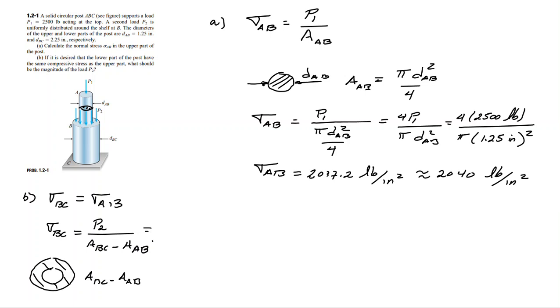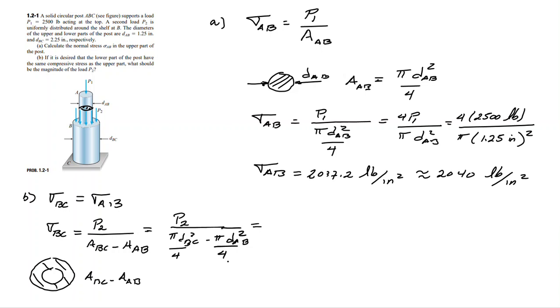So this is P2 over pi times the diameter of BC squared over 4, minus pi times the diameter of AB squared over 4, right?